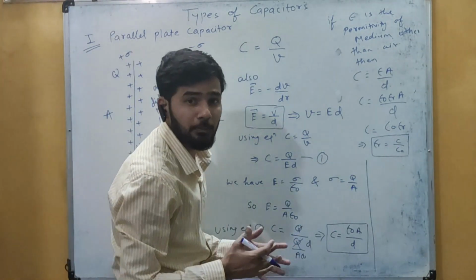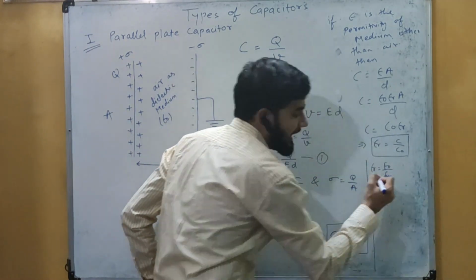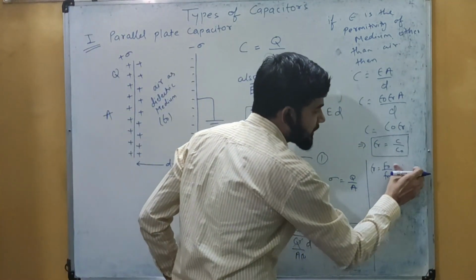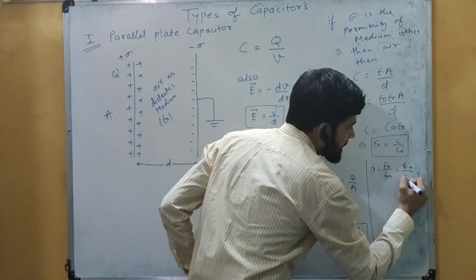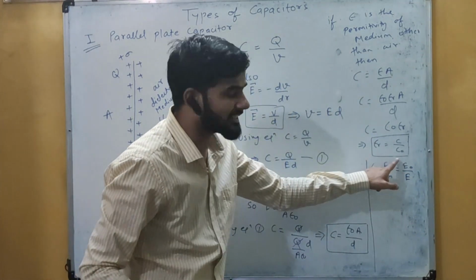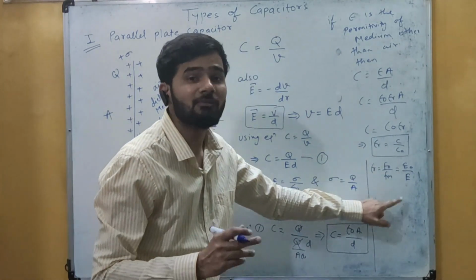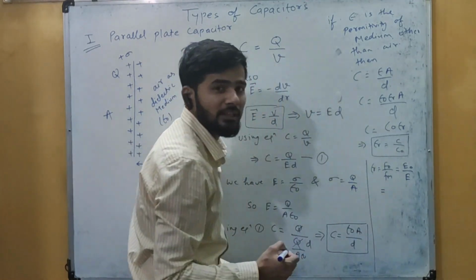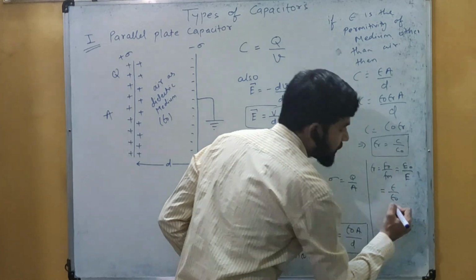How we have defined the relative permittivity? This epsilon R is equals to F naught by F, that we have seen, and also we have seen this F is equals to QE. So I can write this also E naught by E. E naught, that is the electric field between the system when we have air as a medium, and this is the electric field when we have some other medium. Okay, we have also defined it in terms of the permittivity of that medium, that is epsilon by epsilon naught.